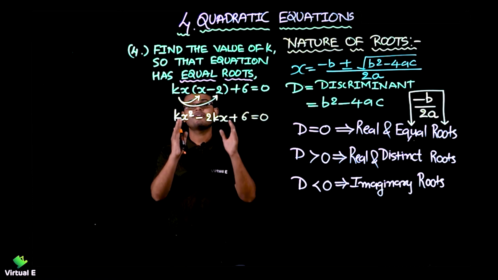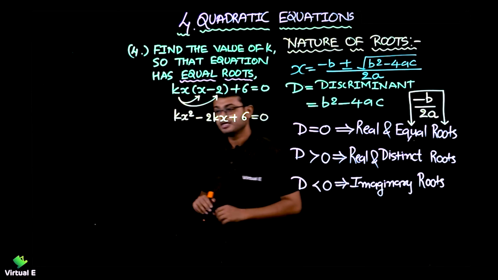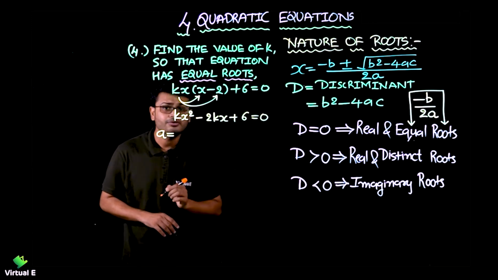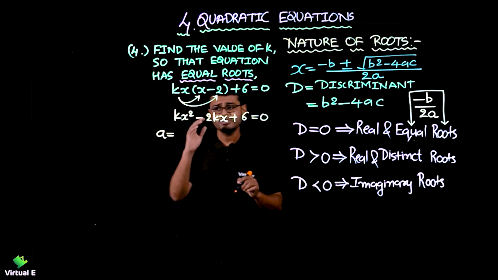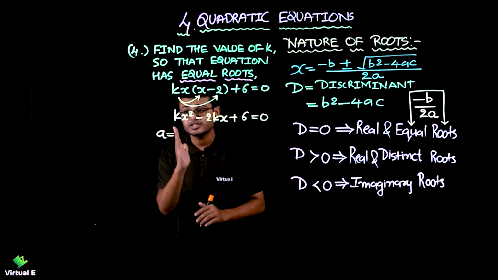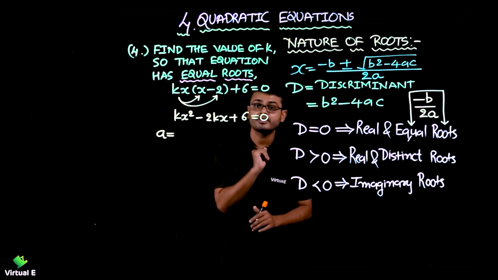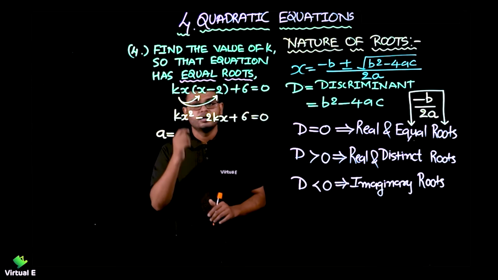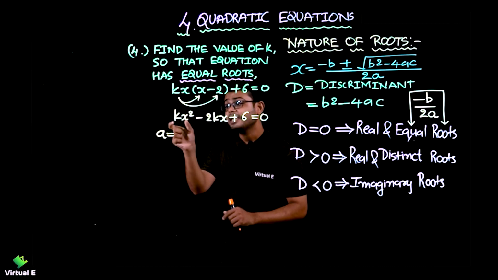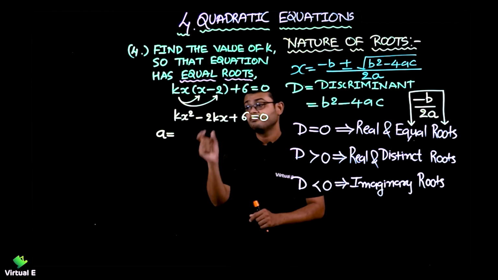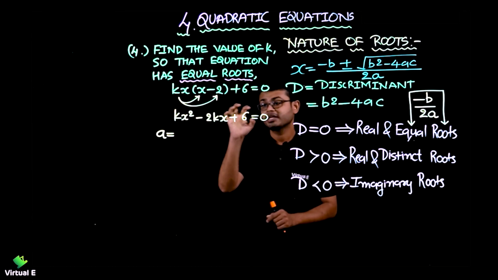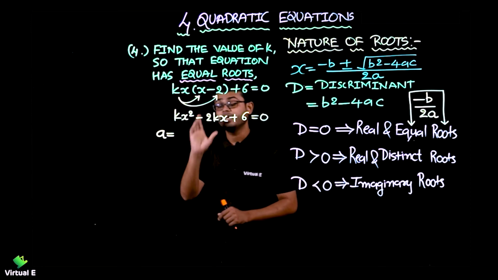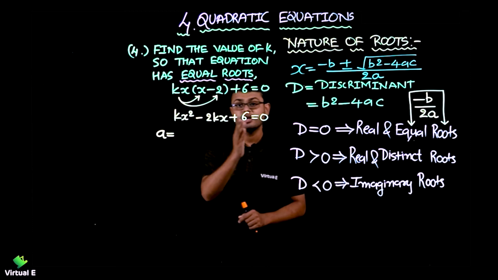So we need to get the values of a, b, c. Let's start with the value of a. You must be thinking that k is also a variable, x is also a variable, so what to take as the value of a? But remember one thing, k is the unknown quantity, while this equation is in the variable x. Remember, the equation is in the variable of x.